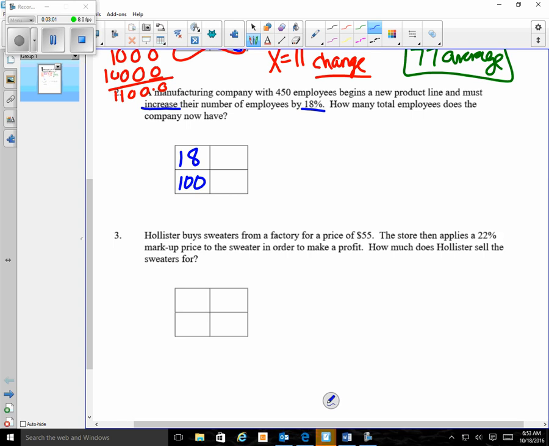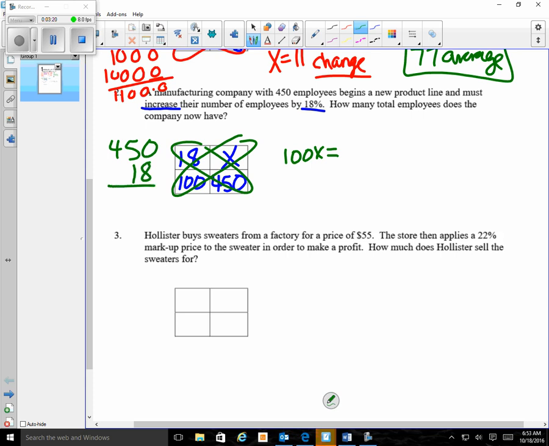We started with 450, and we're looking for the change. Again, we're going to cross multiply. So we have 100x equals, and I'm going to multiply 450 times 18.